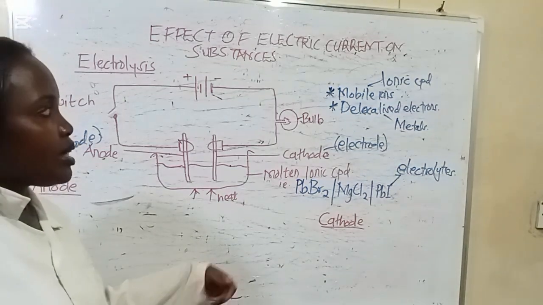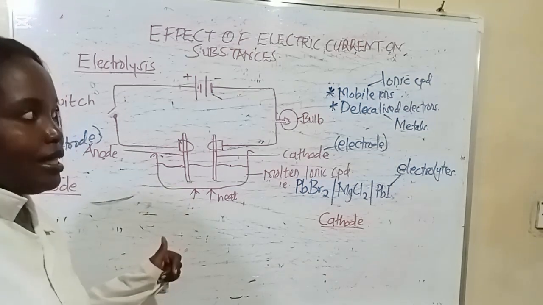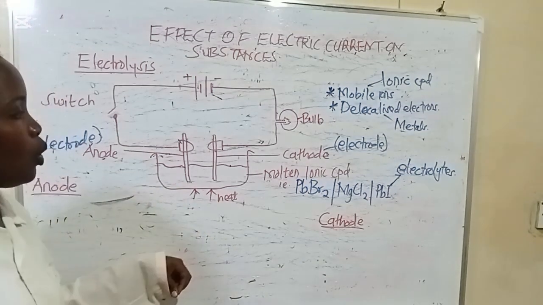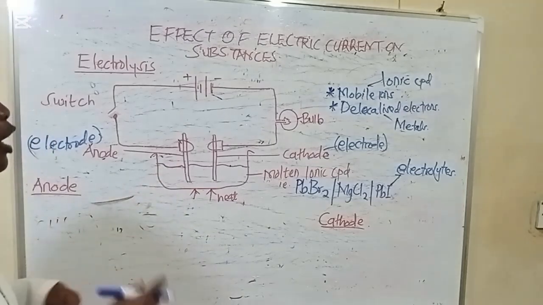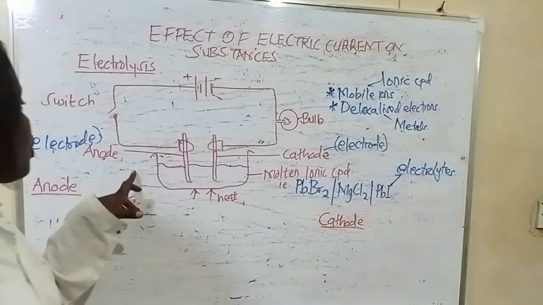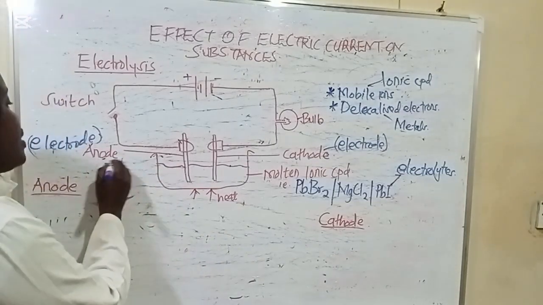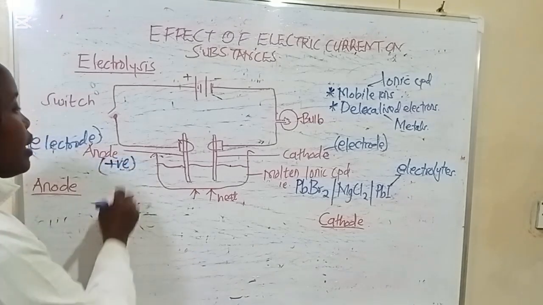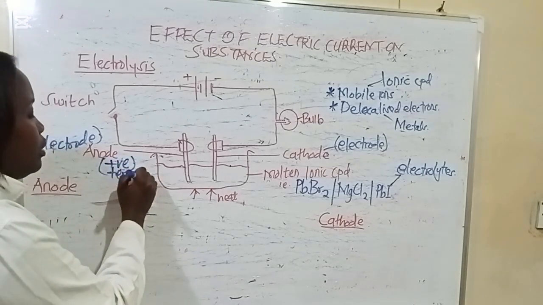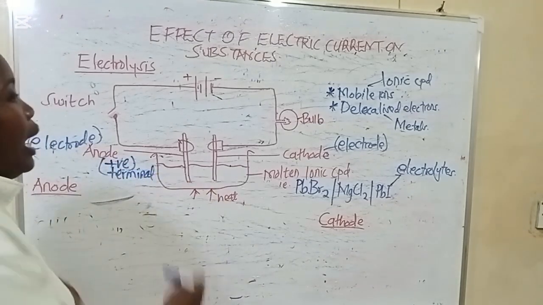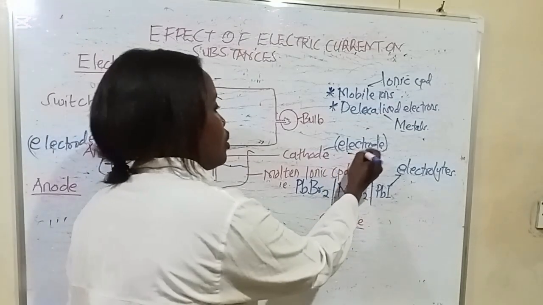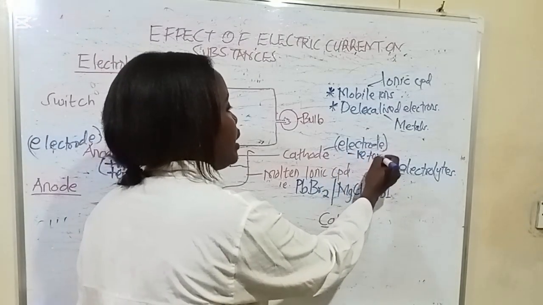The mobile ions that are going to be present in this case are going to move freely to the electrodes. So the anode is the positive terminal, while the cathode is your negative terminal.